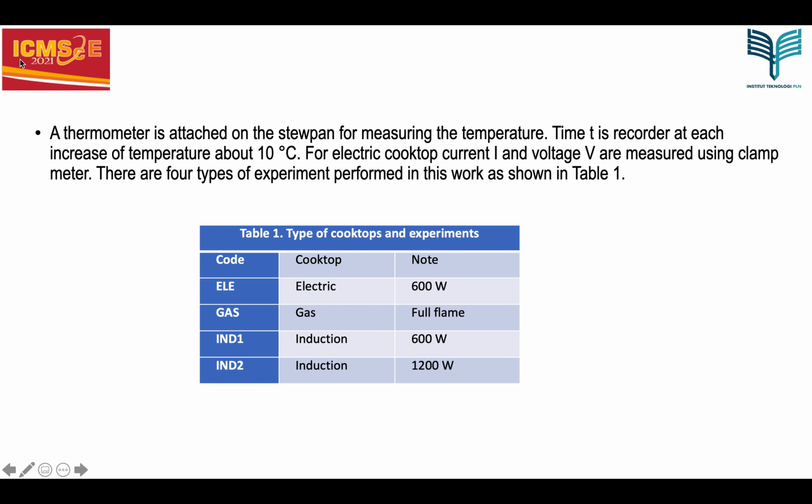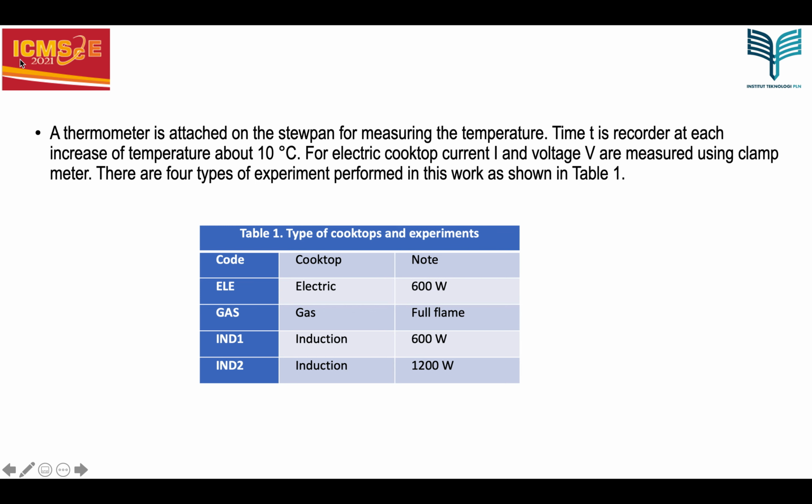For the electric cooktop, current and voltage are measured using a clamp meter. There are 4 types of experiments performed in this work, as shown in table 1. For the gas cooktop, the mass of the 12 kg gas cylinder, M_GC, is measured every time t for temperature T is recorded.